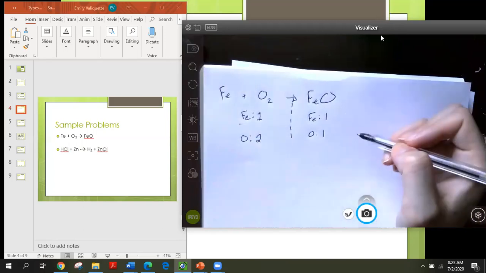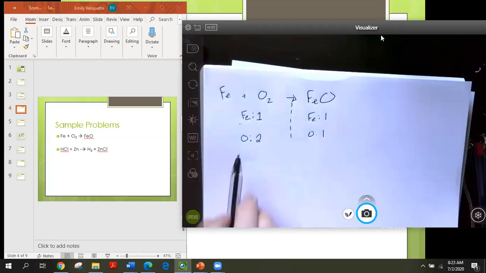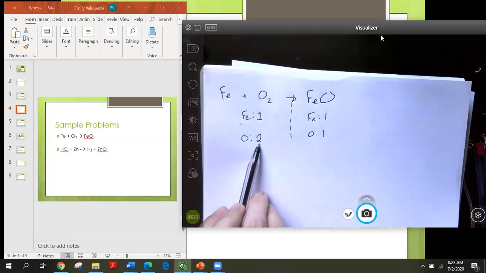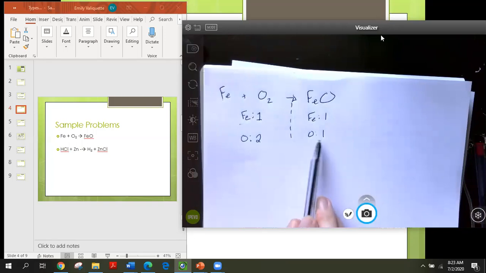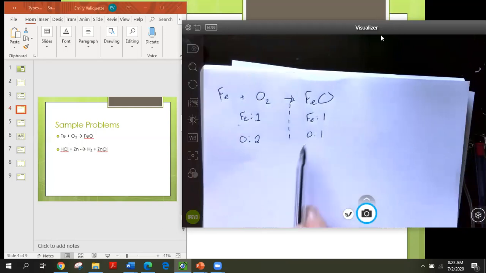And so the only way to balance, you can never take away atoms, you can only put in more atoms. So I'm going to have to increase the number of oxygen atoms on the product side. You're also only allowed to add coefficients, not subscripts, okay?